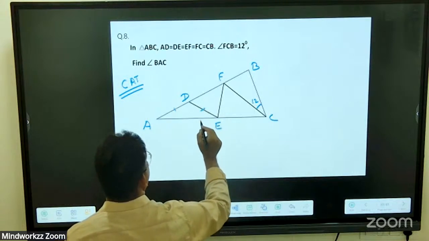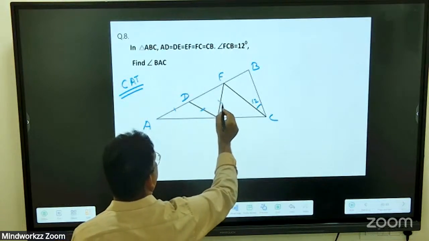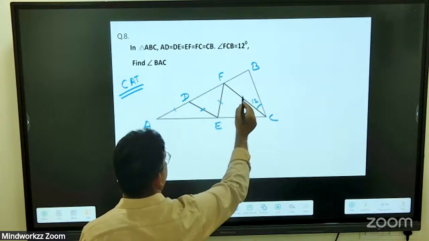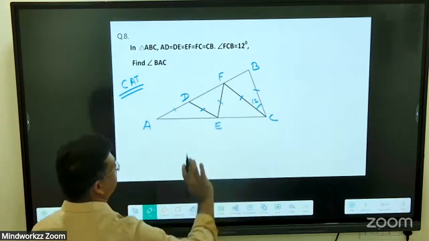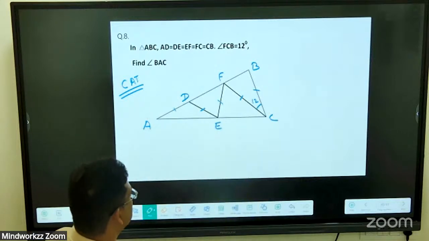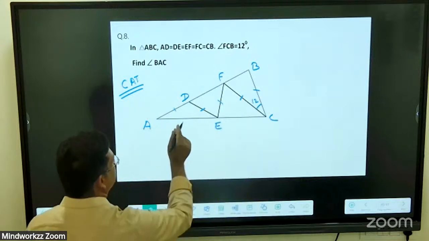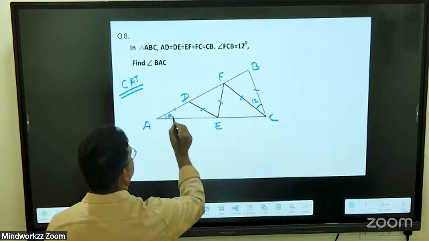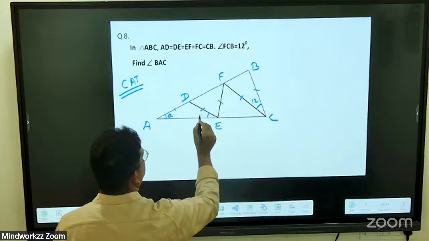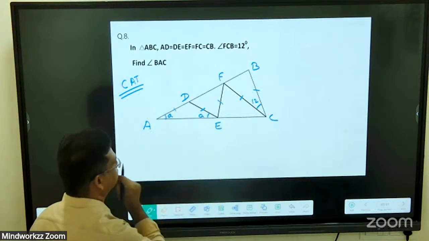DE is equal to EF is equal to FC is equal to CB, right? So all these sides are equal, right? What does it mean? In triangle ADE, this side, let's say this is A, this will also be A, right? Clear?